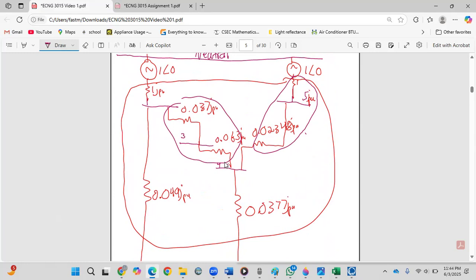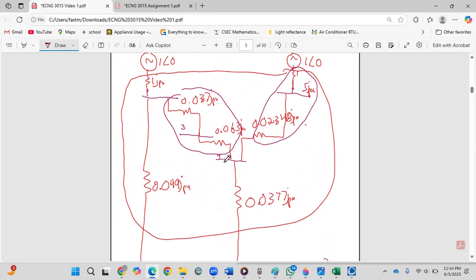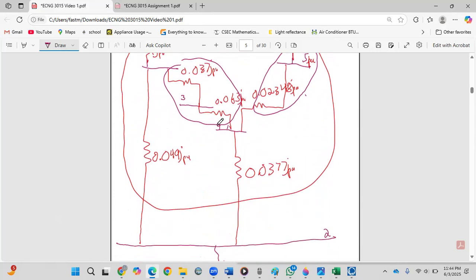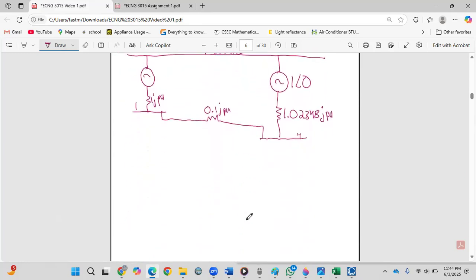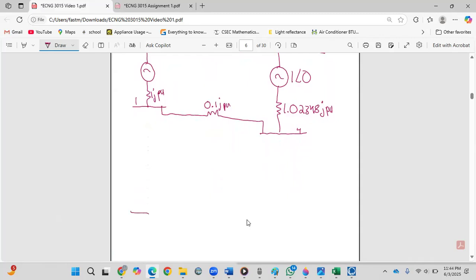Since we combined those two, we could draw over these two coming down, from 1 to 2 and then 4 to 2, going back to our faulted bus.